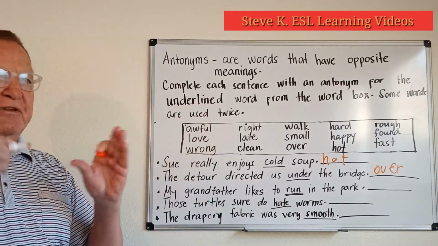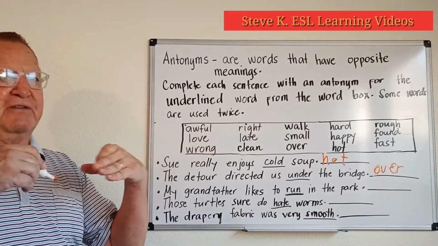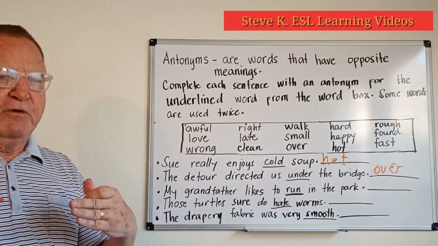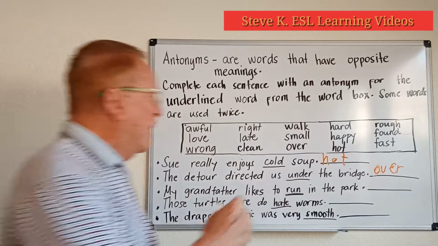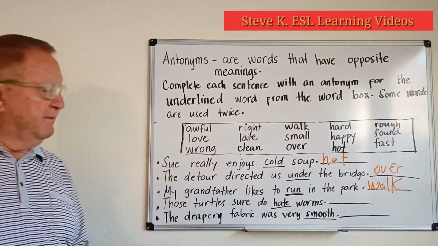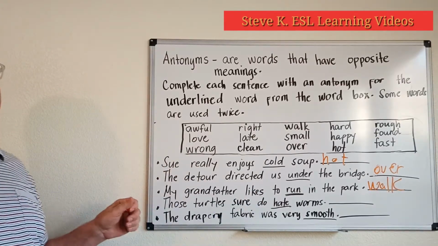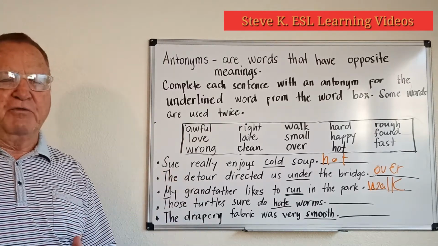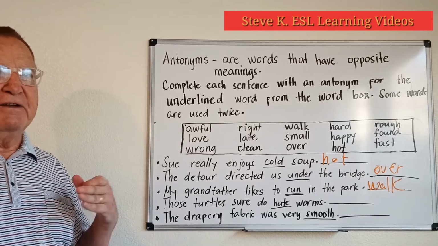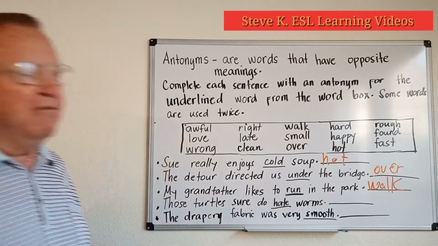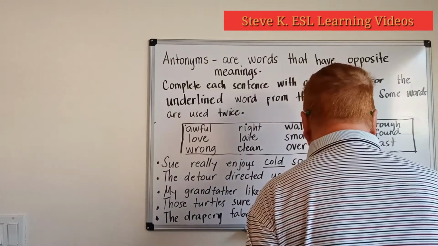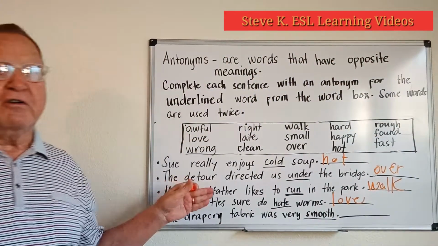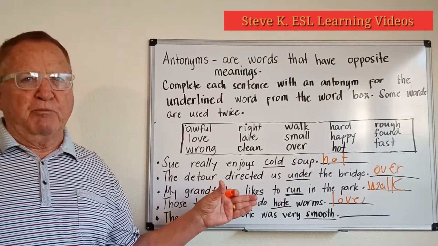It's not an exact opposite, but it's close to that. Instead of being something very fast, it's something you're doing, exercising very slowly, slow movement. So walk, grandfather likes to walk in the park. Next, those turtles sure do hate worms. And the opposite of hate, of course, is love. Those turtles sure do love worms.